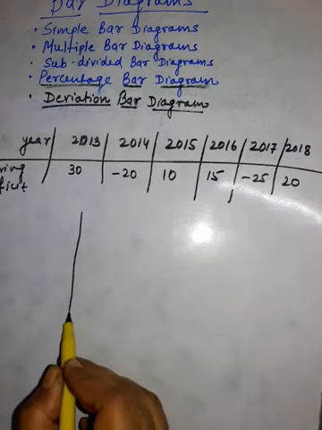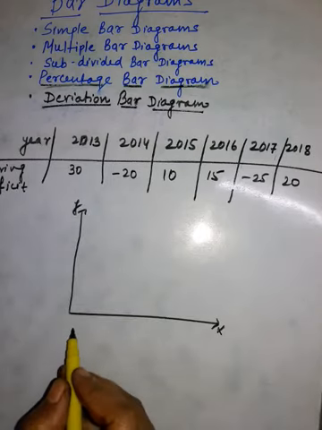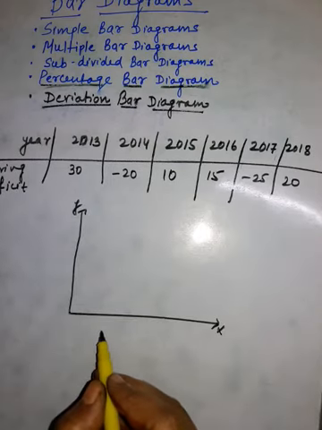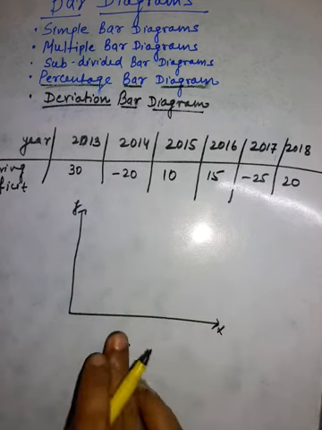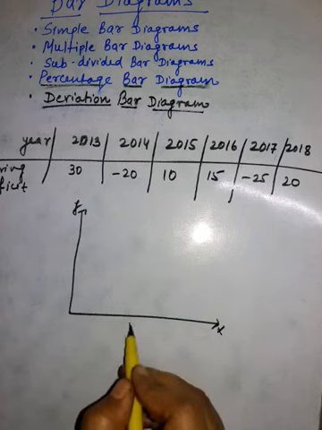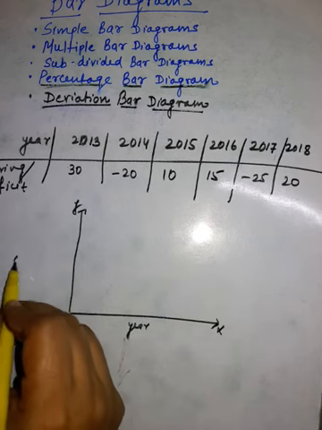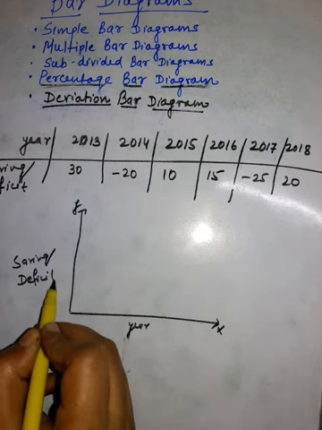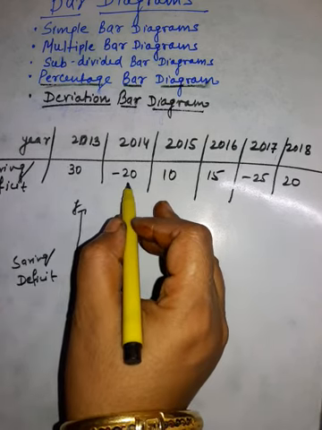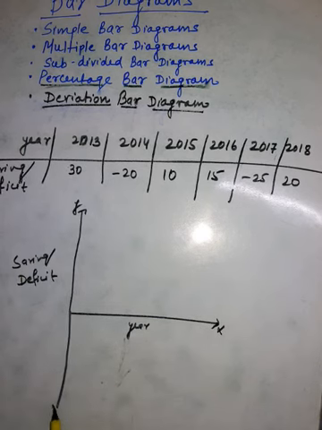Suppose again here will be y-axis and here is x-axis. Okay, and here is year. X-axis represents year, and y-axis represents saving and deficit, because here the data is given in negative also, so we have to draw negative y-axis also.